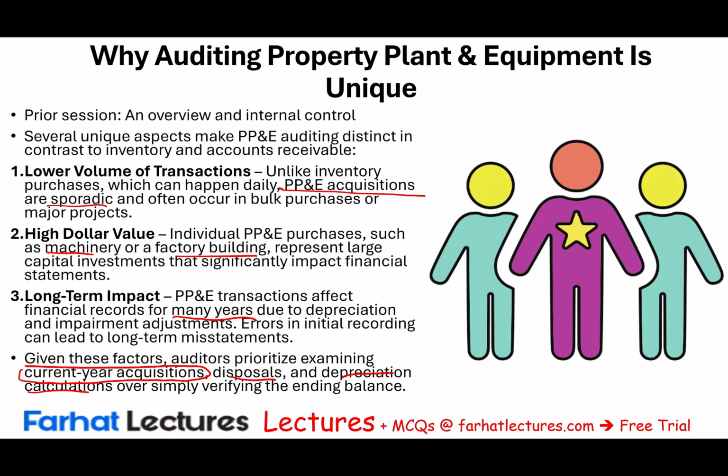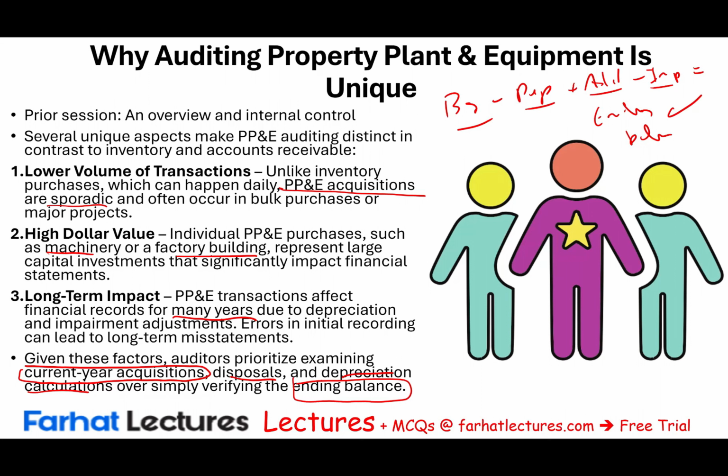Maybe we'll dispose of it, but once it's correct, it's going to be depreciated, it's going to be subject to impairment, and so on and so forth. So we don't worry much about ending balances as long as we know the beginning, minus depreciation, plus additions, minus impairment, gets us to the ending balance. As long as we take care of what's in between, the ending balance should be correct.